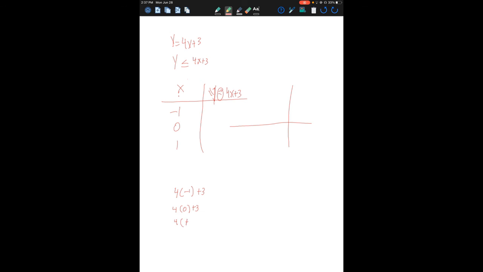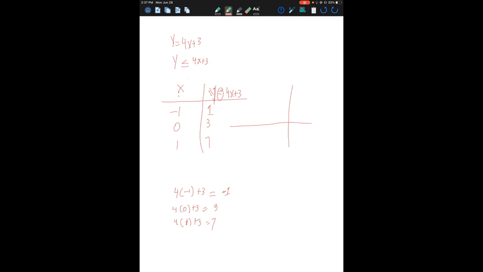When x is 1, what is y? 4 times negative 1 is negative 4, plus 3 is negative 1. 4 times 0 is 0, plus 3 is 3. 4 times 1 is 4, plus 3 is 7. Okay? So now let's just put our values in the table: negative 1, negative 1; 0, 3; and 1, 7.